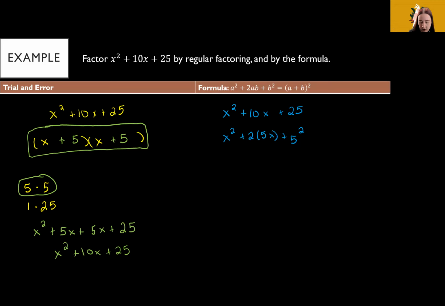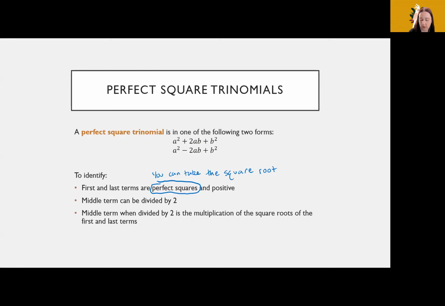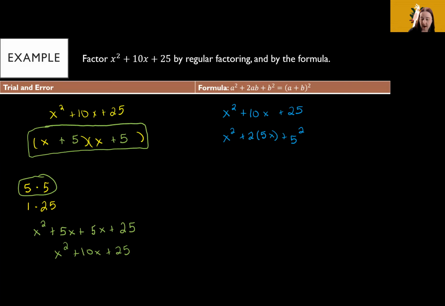And then the third bullet point is that your middle term after you divide it by 2 is the multiplication of the square roots of the first and last term. So what this means is that after I divided by 2, I got 5X, and that is equal to this X and this 5. Those get multiplied together to give me my 5X.